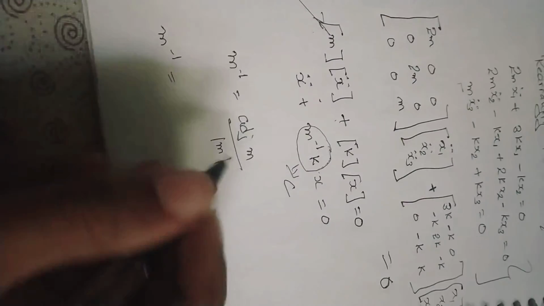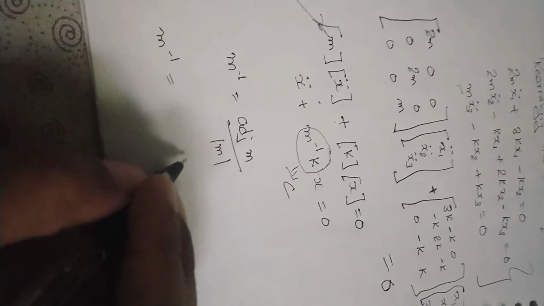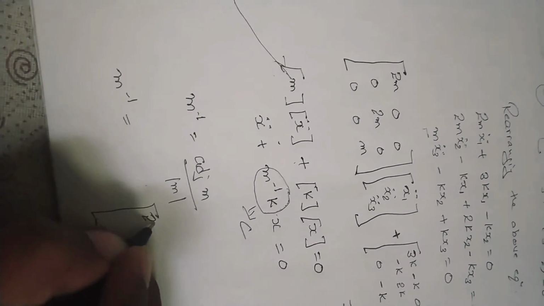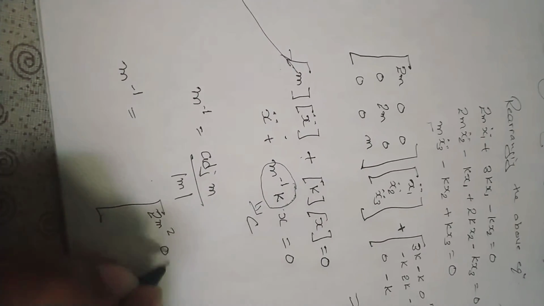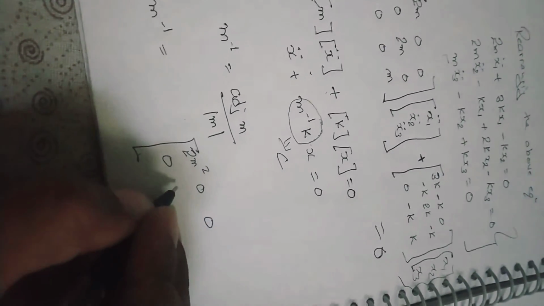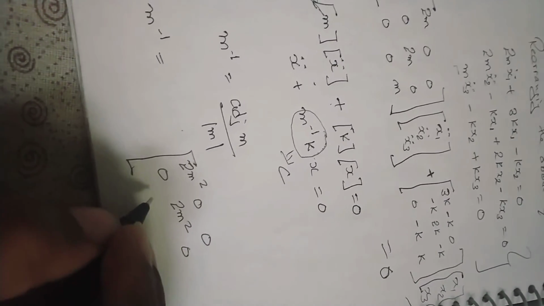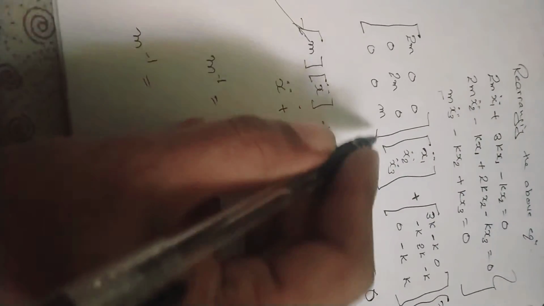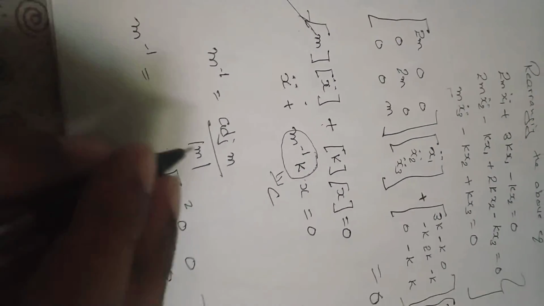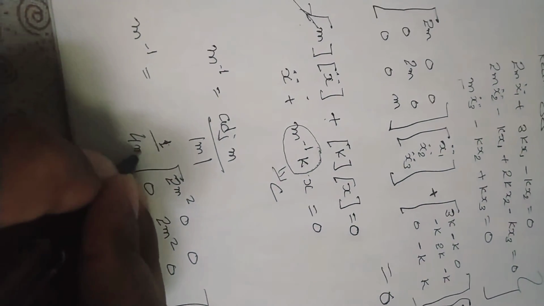M inverse, we can write it as adjoint of m: 2m square, 0, 0; 0, 2m square, 0; 0, 0, 4m square, and the determinant from this mass matrix is 4m cube.